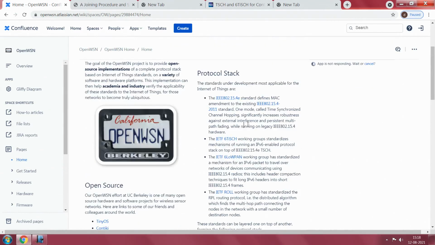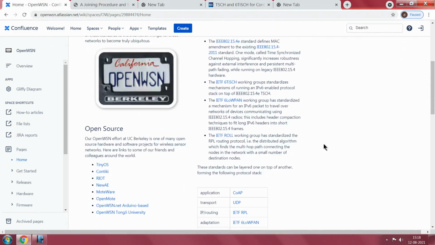As mentioned here, the 15.4e standard defines the MAC, and it says time synchronized channel hopping is there, and then this has been implemented. There is something called an IETF 6TiSCH working group which is talking about how to have IPv6 running over time synchronized channel hopping, and then there is the working group called 6LoWPAN, essentially for how an IPv6 packet travels over networks of devices communicating over 15.4 radios.